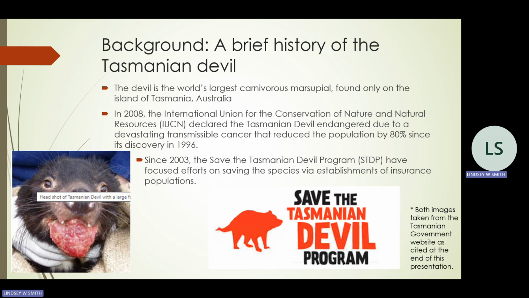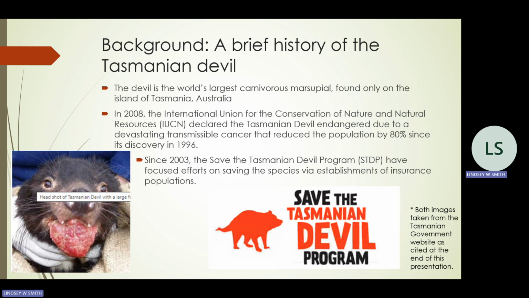So this sort of unusual behavior is really critical given this next development, which unfortunately was, in 1996, this devastating transmissible cancer known as devil facial tumor disease, or DFTD, was discovered in the species.